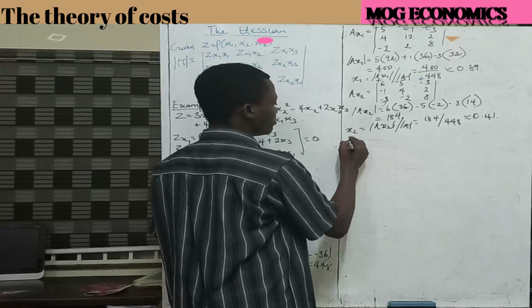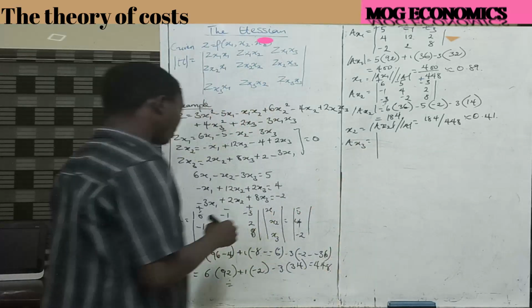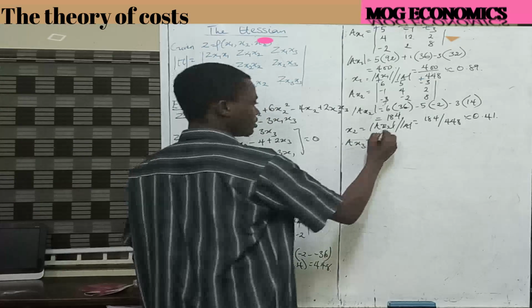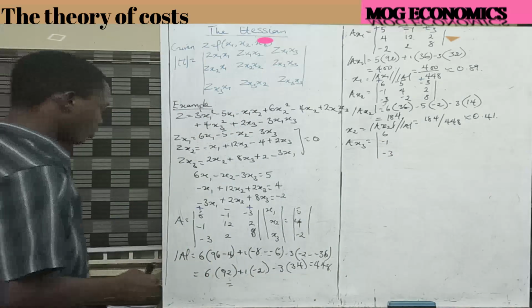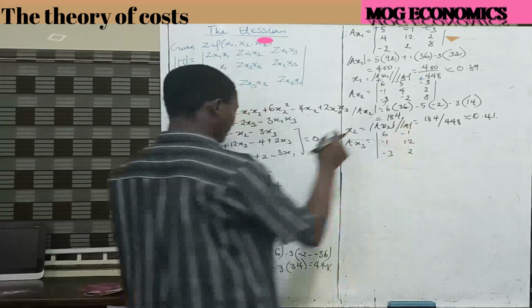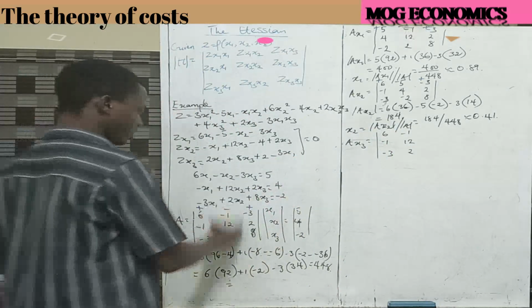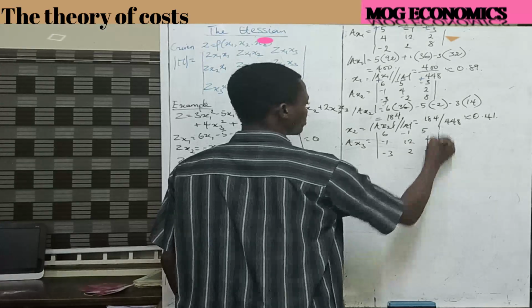Alright, so we have Ax3 equals, so the original matrix, 6, minus 1, minus 3; minus 1, 12 and 2; then 5, 4, minus 2.